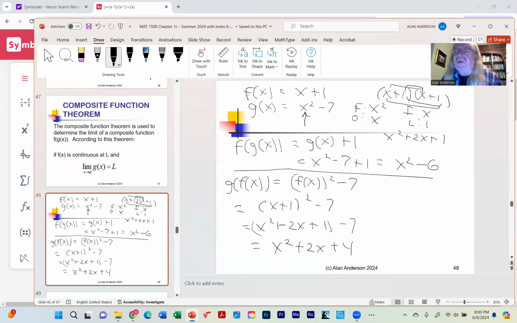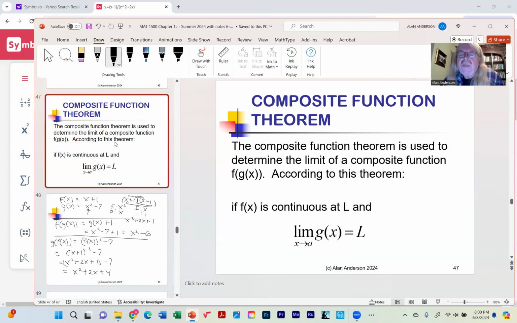Okay, so just a quick review, a quick refresher on what composite functions are. You can see we're going to need them here because we're going to talk about limits of composite functions. Basically, what you're seeing here is a technique that makes it simpler to calculate these limits.